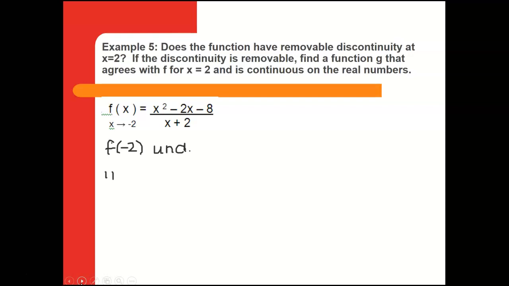So then if we look at the limit as x approaches -2, in order to find the limit, if we get 0 over 0, that's known as the indeterminate form. The indeterminate form tells me that I can factor or simplify in some way to find the limit.